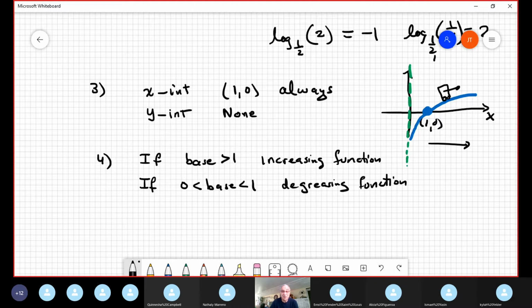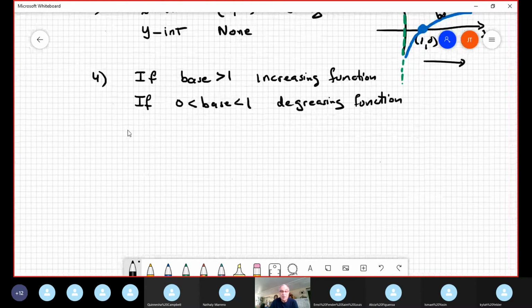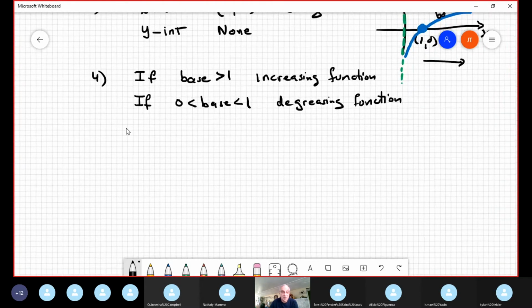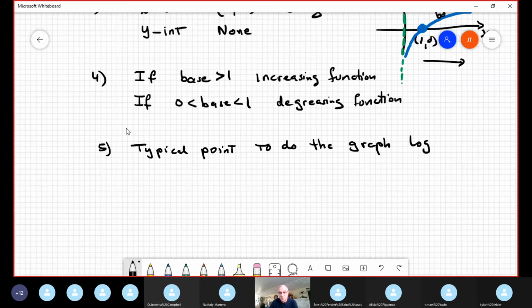Well, very important now. Look at that. Number 5 property: what are the typical points to do the graph of any logarithmic function?